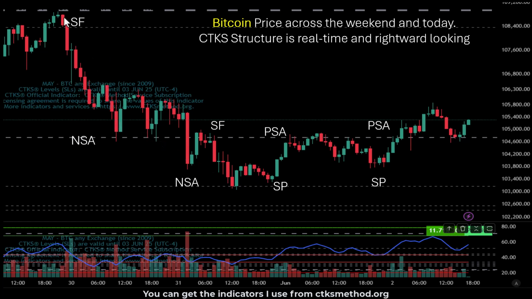Like, for example, dropping from around 109 to around 103. That is a lot of money in terms of Bitcoin. But if Bitcoin comes down 1%, your alts can come down 3, 4, even 10% for every 1% move in Bitcoin. So an action like this could see your alt just going down by 20, 25, or even 30%.